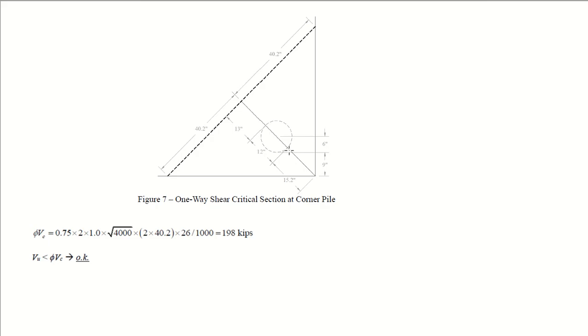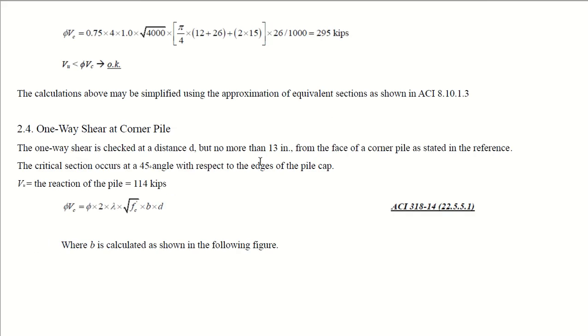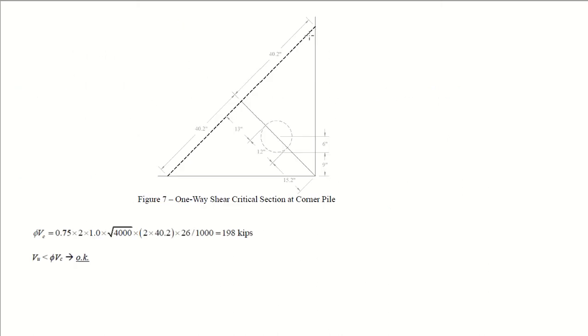The diagonal distance comes out to be 15.2 inches. We know the dia of pile, which is 12 inches, and as we saw on the previous slide, it cannot be more than 13 inches. So keep in mind that this critical parameter can be a maximum of 13 inches.